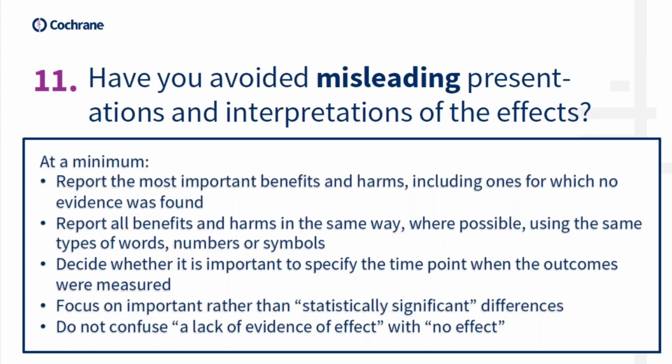Reporting all of your benefits and harms in the same way. Deciding whether it's important to specify the time point when the outcome was measured, which could have a big impact on people's interpretation. Focusing on important results or important differences rather than statistically significant differences. And not confusing a lack of evidence of effect with no effect, which is a very common problem in a lot of our products.